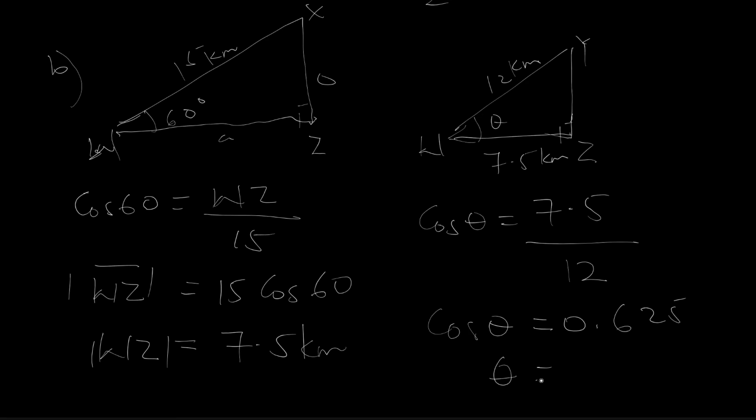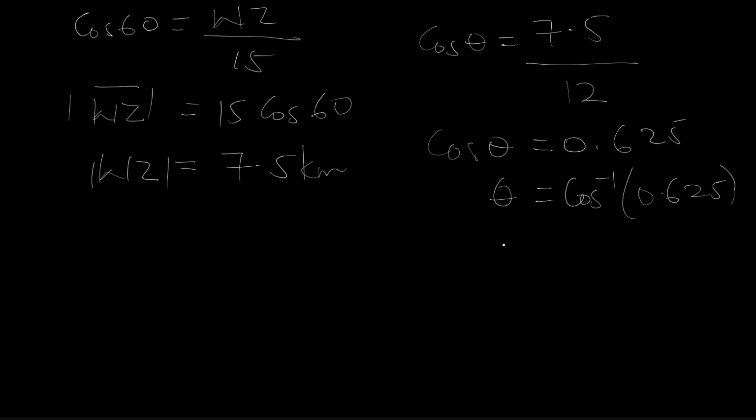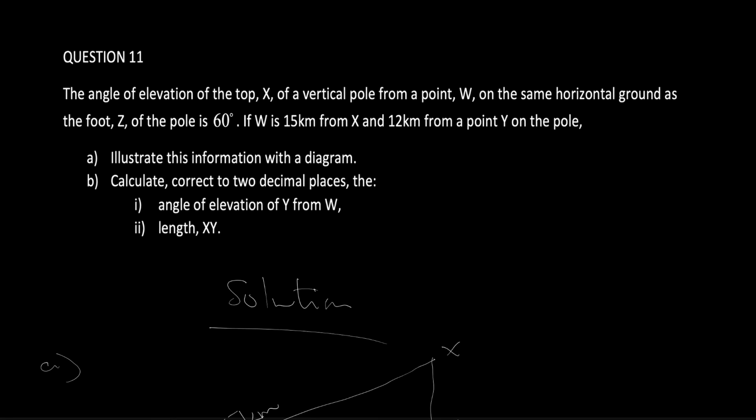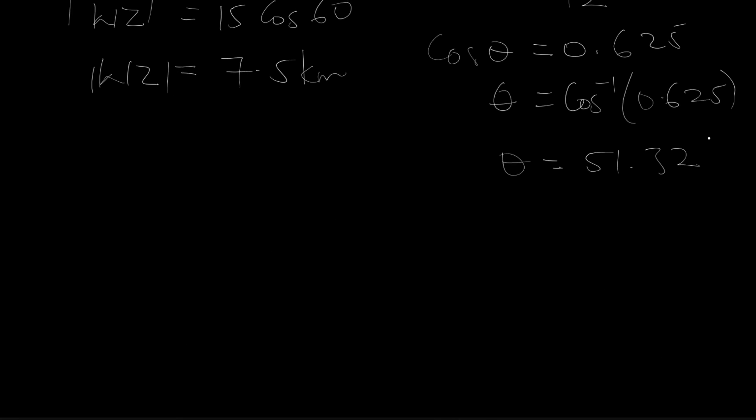So theta will be equal to the cos inverse of 0.625, which is 51.32. We are being asked to leave our answers to 2 decimal places. So theta will be equal to 51.32 degrees.